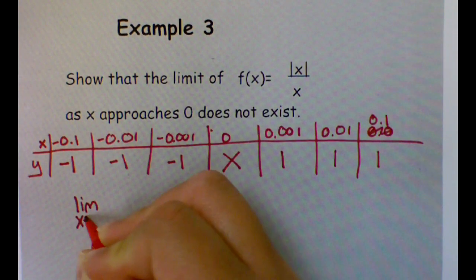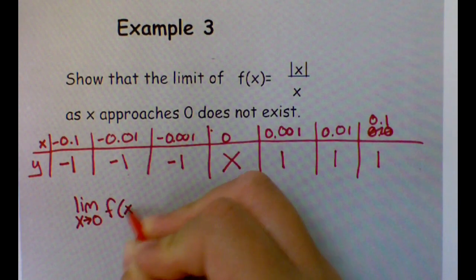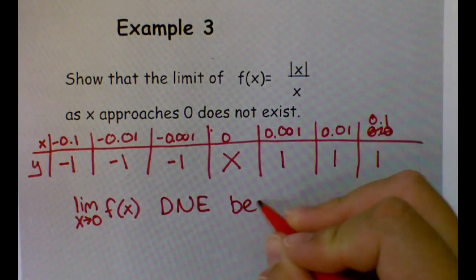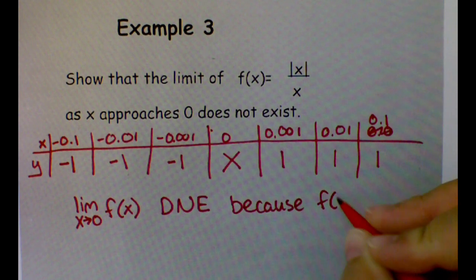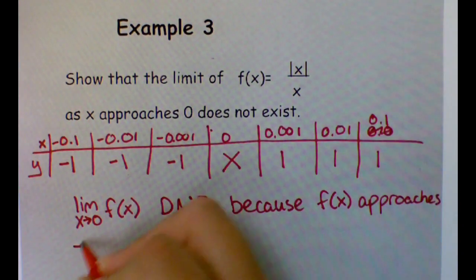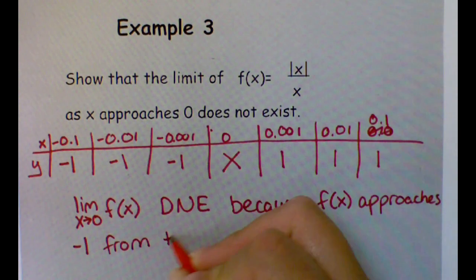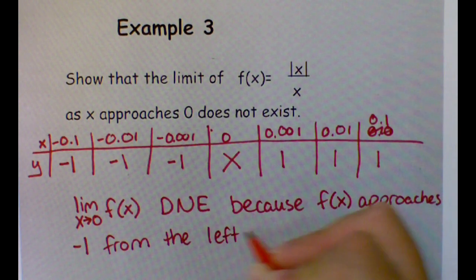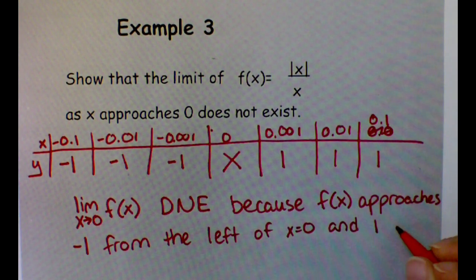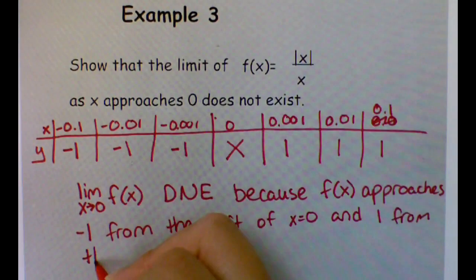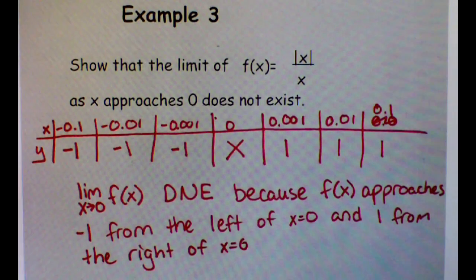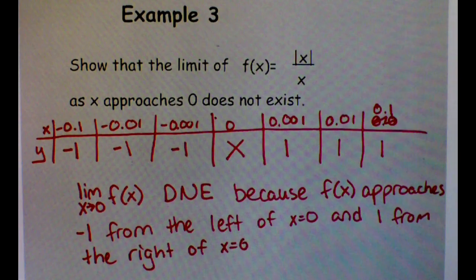So the limit as x approaches 0 of f of x, we can write DNE for does not exist, because f of x approaches negative 1 from the left of x equals 0 and positive 1 from the right of x equals 0. Since those two don't line up, the limit does not exist.